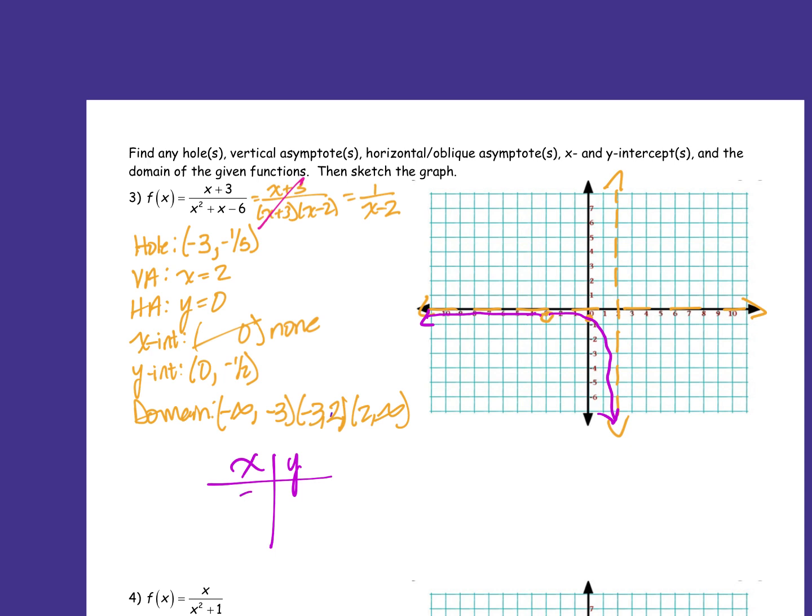So if I plug in 3, I've got a positive number over a positive number, which is a positive number. Right, 1 is positive, and then 3 minus 2 is positive. So there we go.